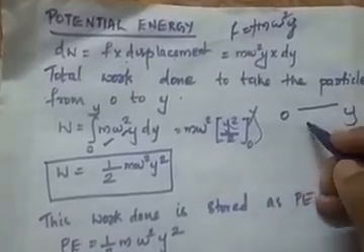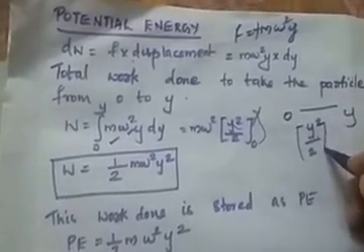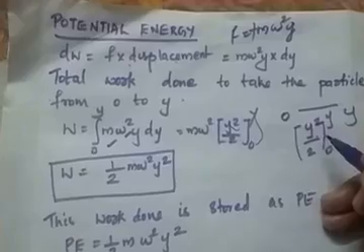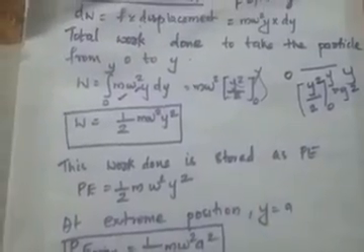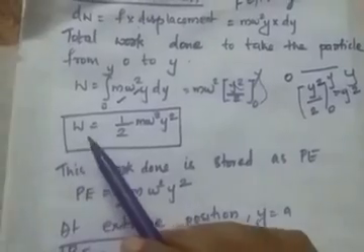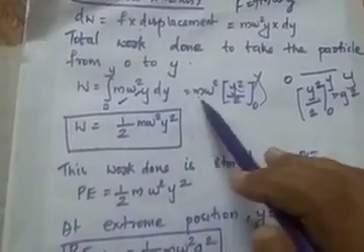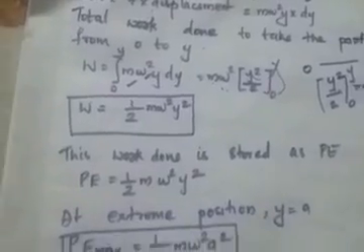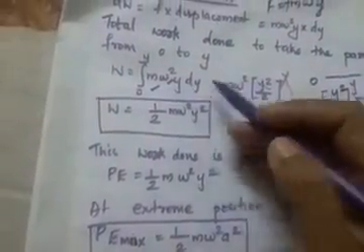The integral of y dy is y square by 2, within the limits 0 to y. Whenever you apply the limits you will get y square itself, and you will study more about integration in next year's mathematics. So the total work done W equals m omega square y square by 2. y square by 2 is the result of integration of y dy.